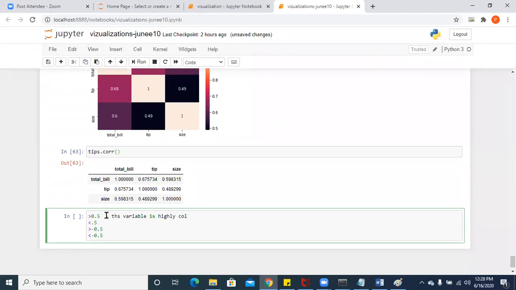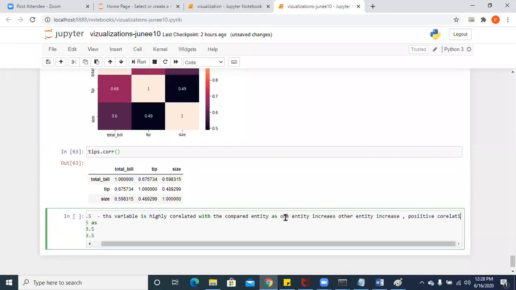If the value is greater than 0.5, that means this variable is highly correlated, that means as one entity increases, the other entity increases. So you can say this is a positive correlation.